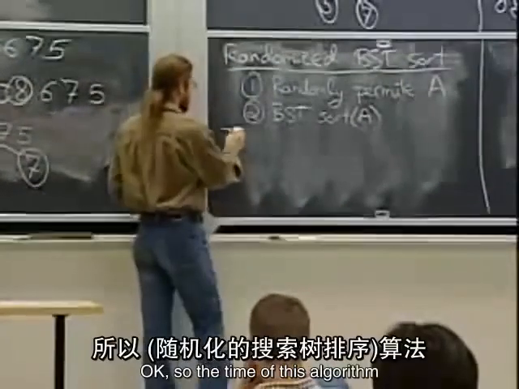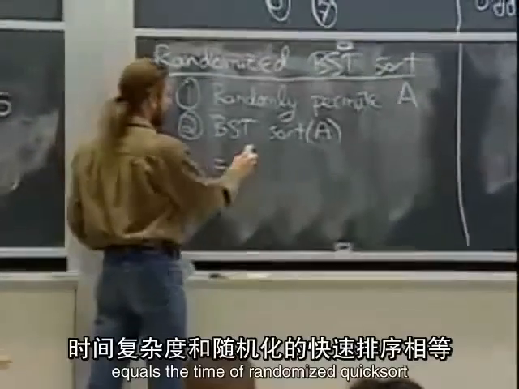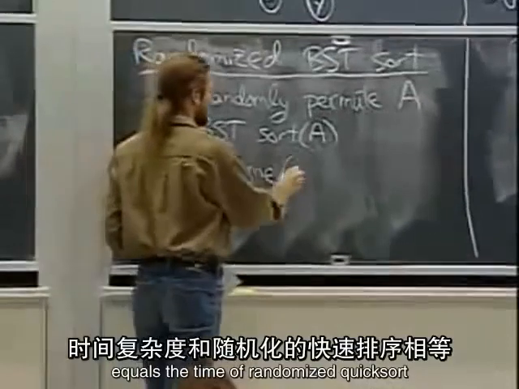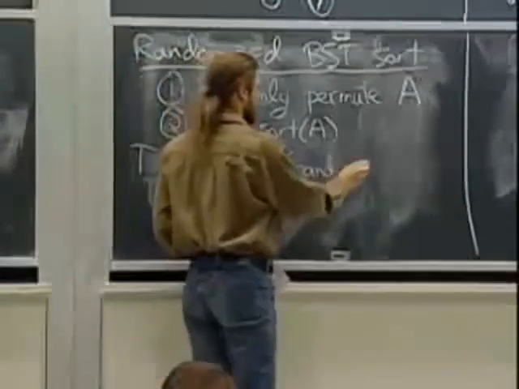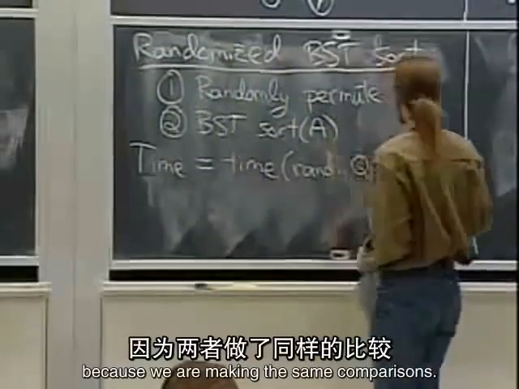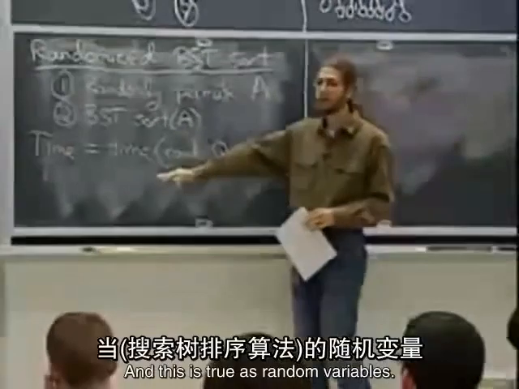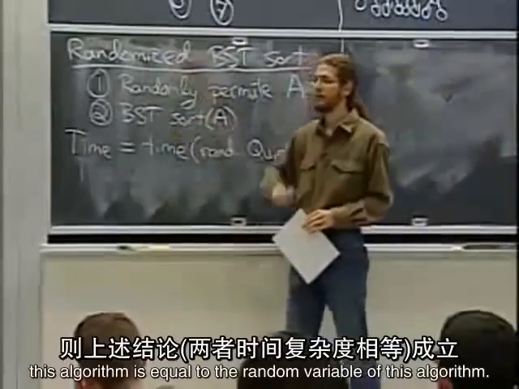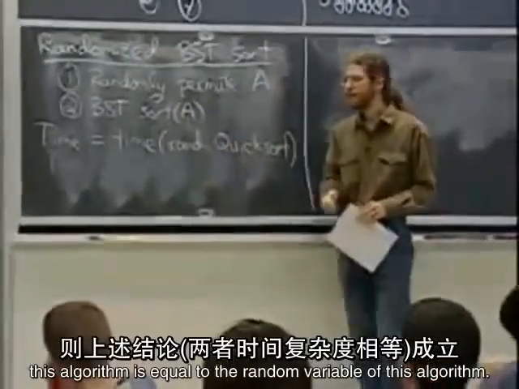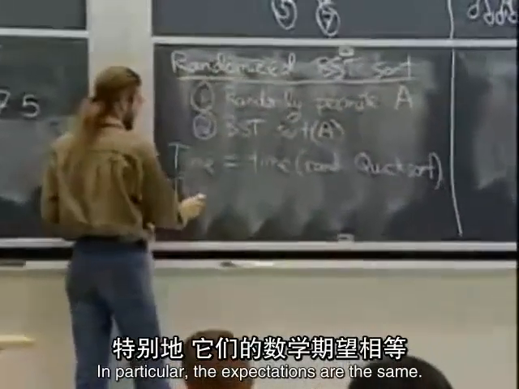So the time of this algorithm equals the time of randomized quicksort, because we're making the same comparisons, so the number of comparisons is equal. And this is true as random variables. The random variable, the running time of this algorithm, is equal to the random variable of randomized quicksort. In particular, the expectations are the same.